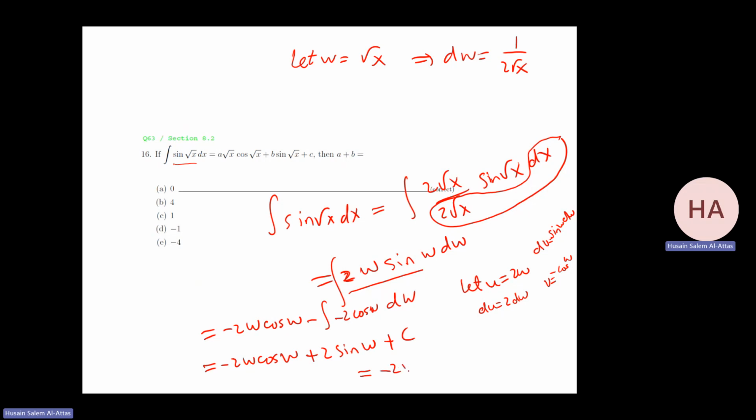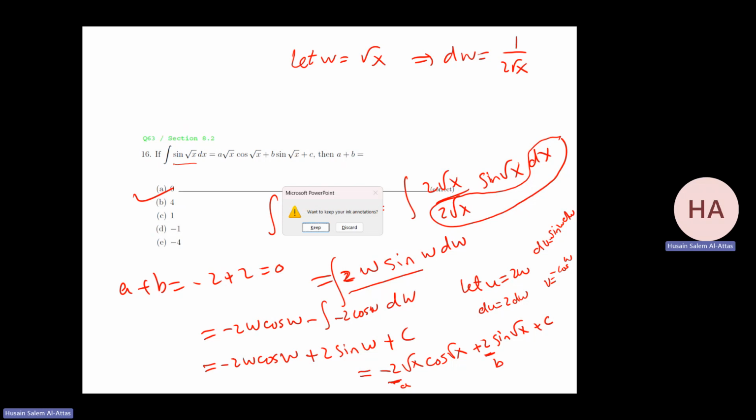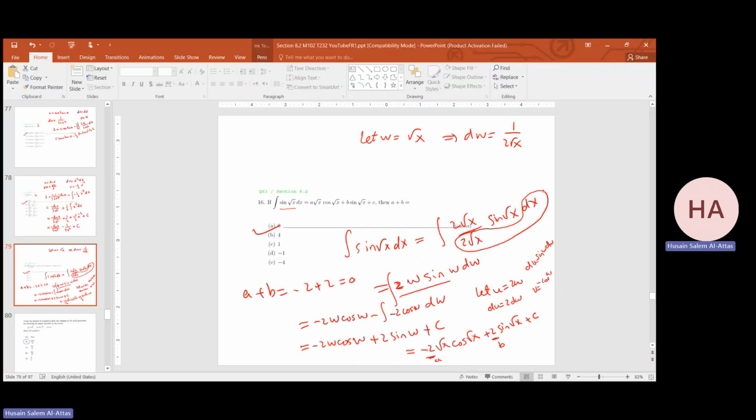Square root of x. So minus 2 square root of x cosine square root of x plus 2 sine square root of x plus c. So this will be my a, and this will be my b. So a plus b is minus 2 plus 2, that will be 0, which is this one. So let me stop the recording. I think we did a good number of questions. Let me stop the recording.